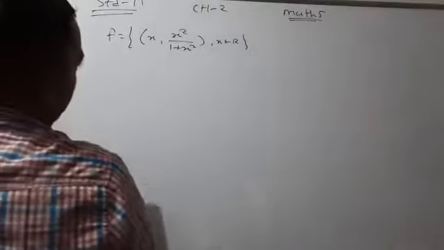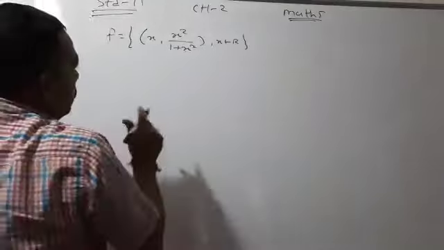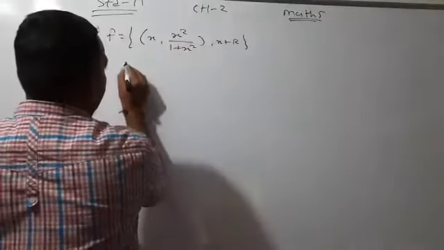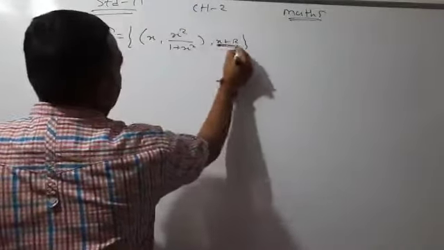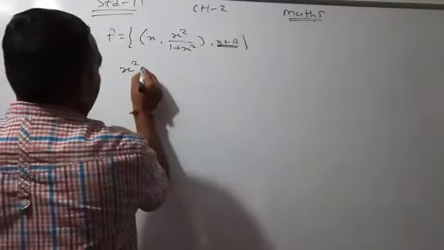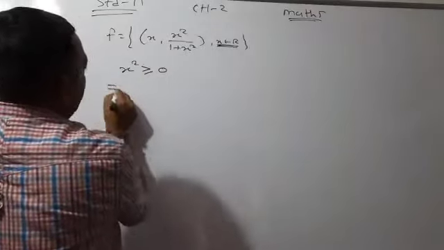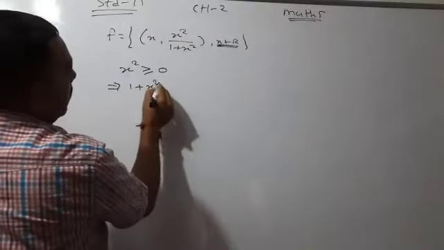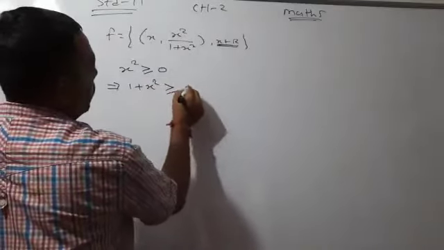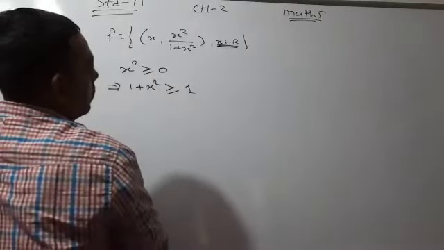Range means the answer set. Now we know that here x belongs to R, so definitely x square is greater than or equal to 0. This implies 1 plus x square is greater than or equal to 1. Why?